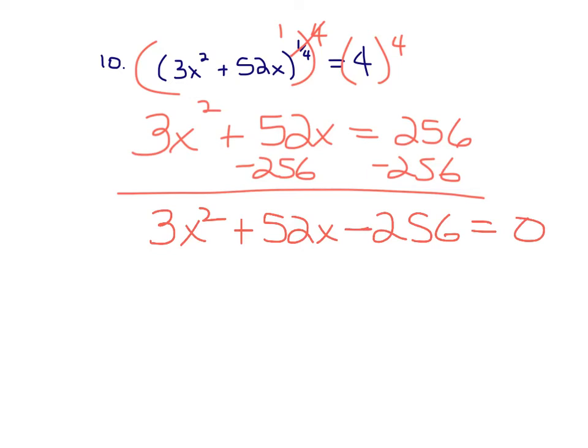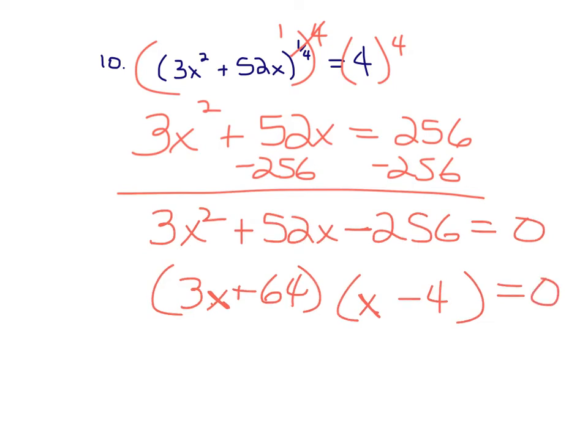At this point, you could do completing the square, quadratic formula. Again, it's factorable. So factors of 3, I'll use 3 and 1. And then factors of 256 are actually going to be 64 times negative 4. I know that's a really big number, but it is factorable.